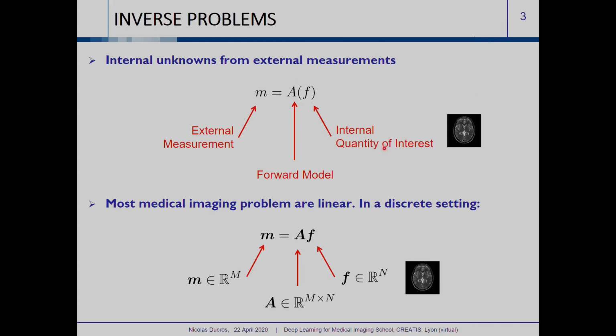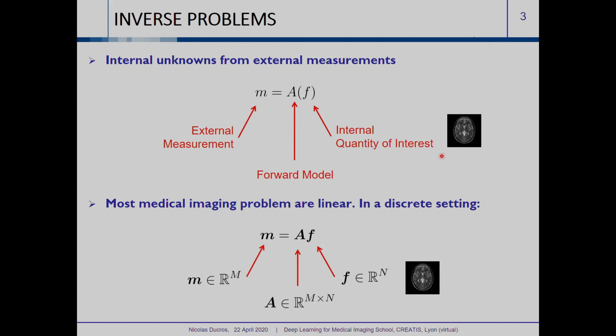So this internal quantity of interest is actually the images I showed before. In computerized tomography, this quantity of interest is the X-ray attenuation of the tissues.